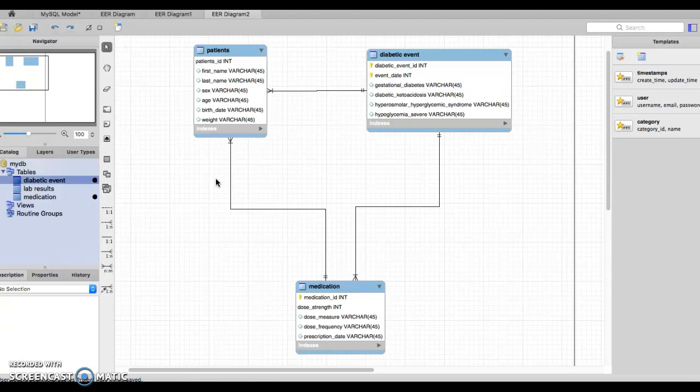So not every patient is going to have the same tolerance reaction. One patient might be able to take a specific medication that helps them with their diabetic event, but if you were to try to give the same medication to another patient that might be, say, a different gender, a different weight, they might have adverse effects based off of their makeup.